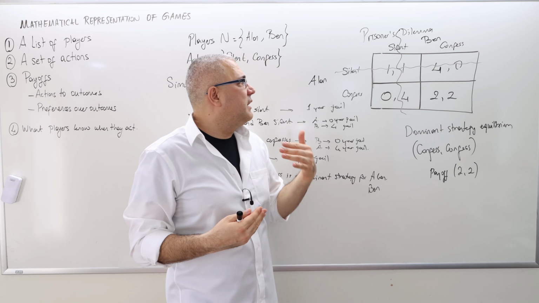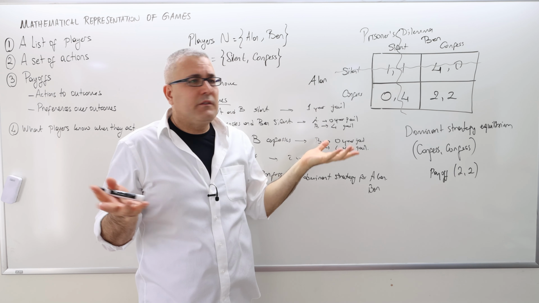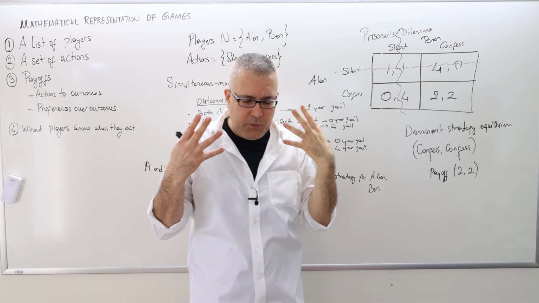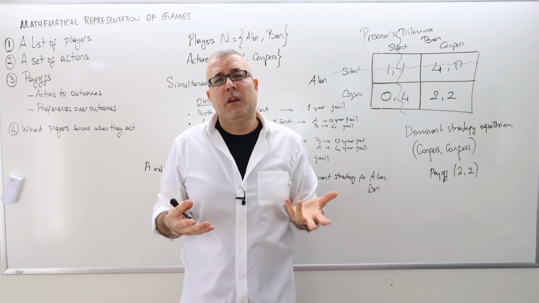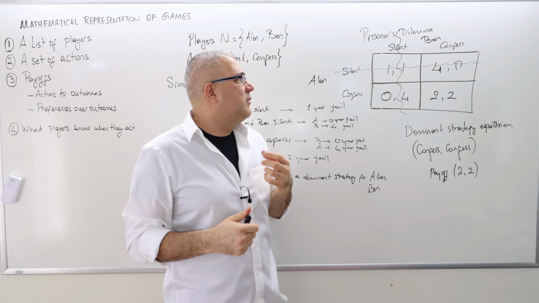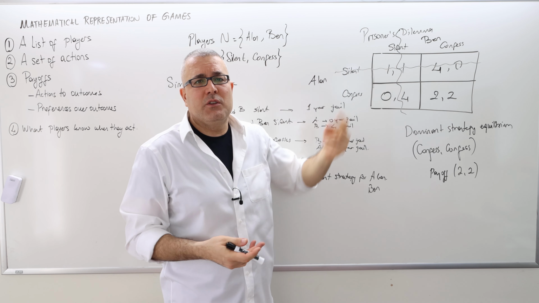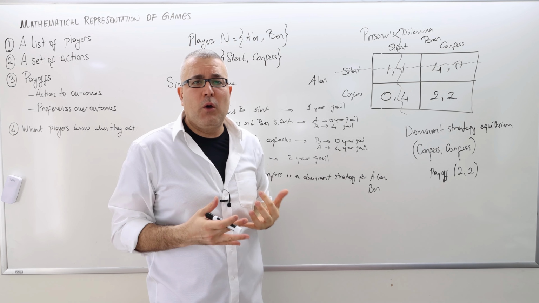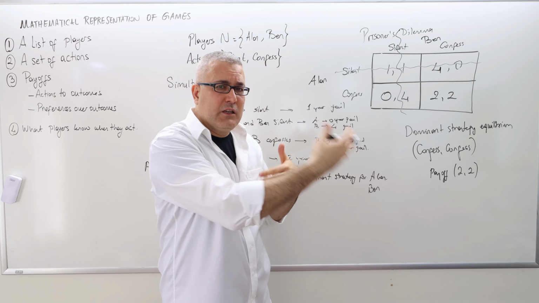So let's say I'm Alan, and I know that 1 and 1 is definitely better than 2 and 2. If we play this game as predicted, we're going to end up with 2 years in jail. So there's got to be a way to convince my opponent that there is a better outcome for both of us. But the problem is I can't communicate with him.